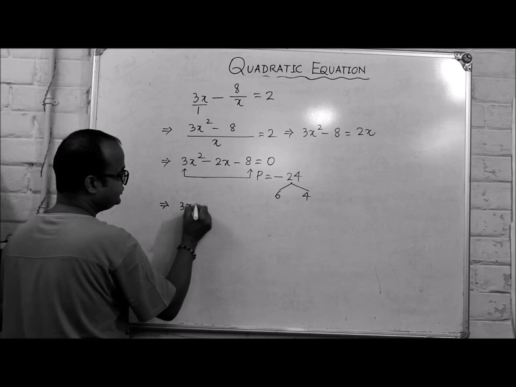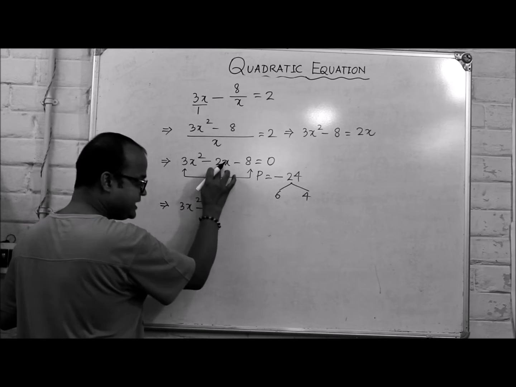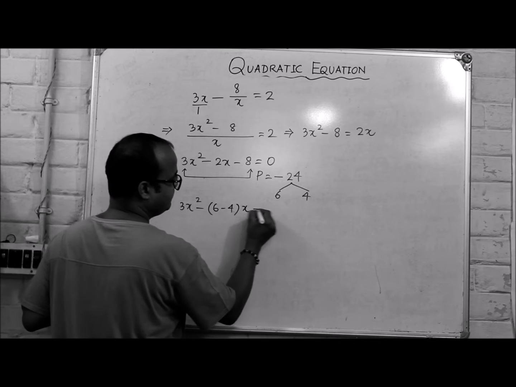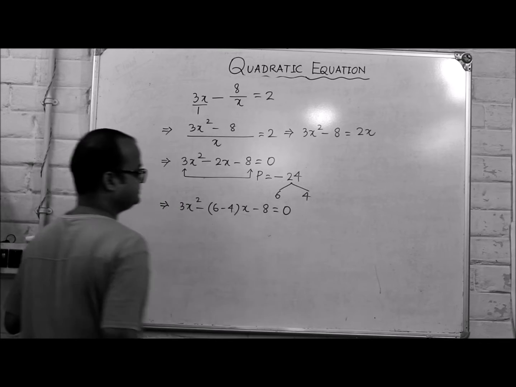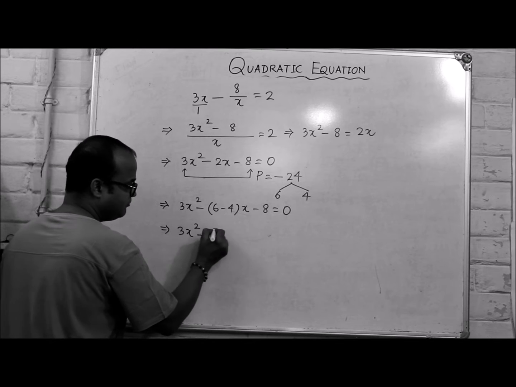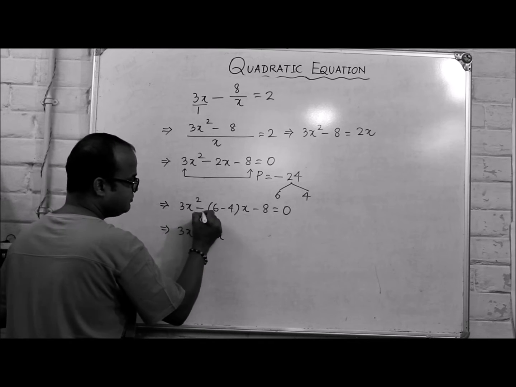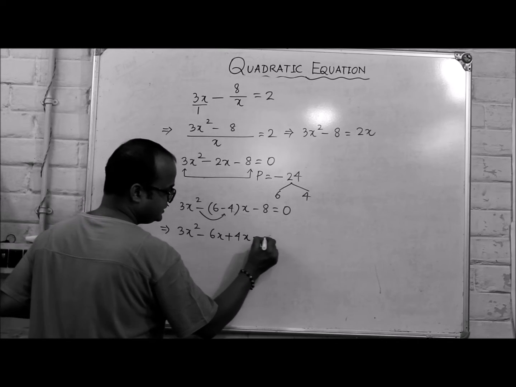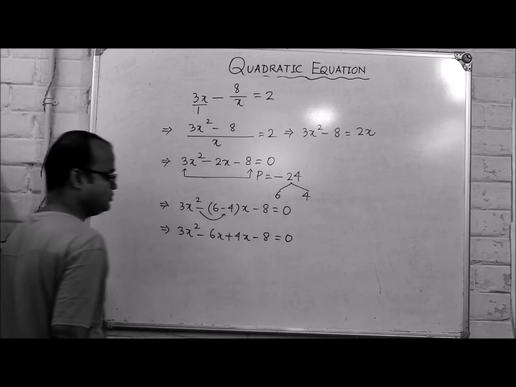So 3x square minus, in place of 2 we write 6 minus 4 into x minus 8 is equal to 0. So 3x square minus 6x plus 4x minus 8 is equal to 0.